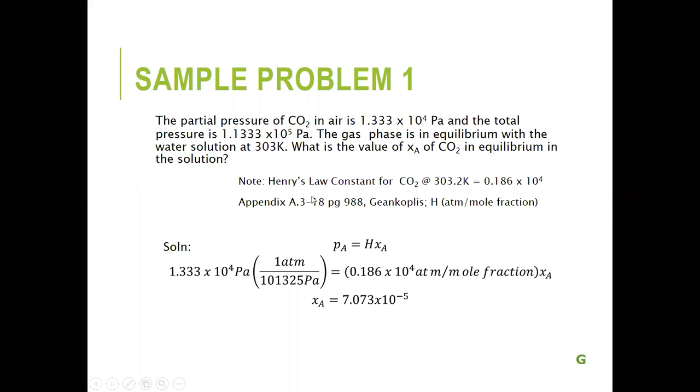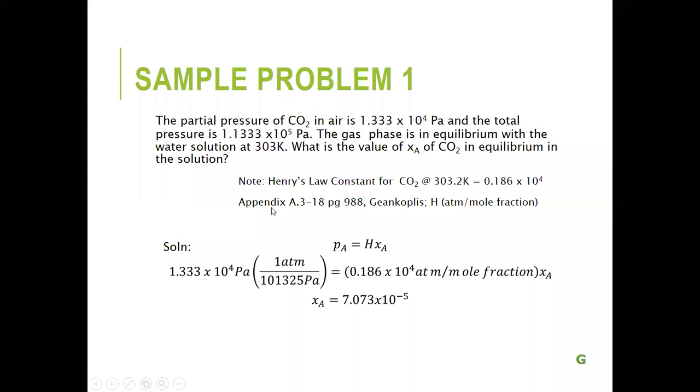Now, for Henry's law constant for CO2, I have already placed it in here for your reference, but you have to check in your appendices in your book and in your handbook for this constant, where you're going to get it. For CO2 at 303.2 Kelvin, this is Henry's law constant. The problem is silent whether your system is an ideal system, so you're not allowed to assume. So then you will use Henry's law.